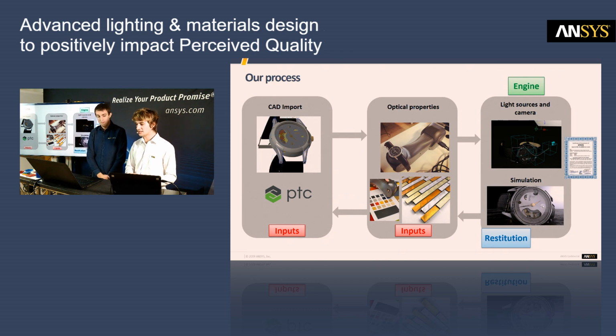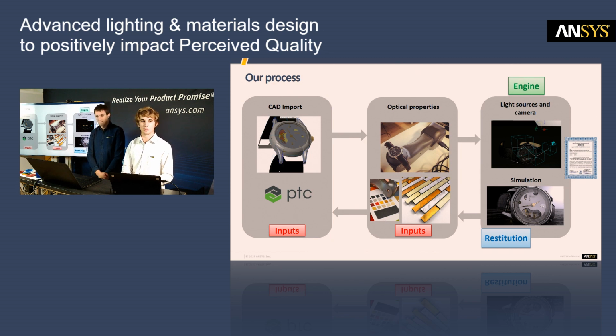Yes, thanks, Mathieu. We'll see later a demo with a watch, but to summarize what Mathieu said, you start from the CAD, so you can basically import any kind of CAD files. Then you scan your optical properties, I mean your material. So you can scan, for example, a sample, or you can also scan the existing product. And then you go into our own 3D engine, and then you do your pass of camera.